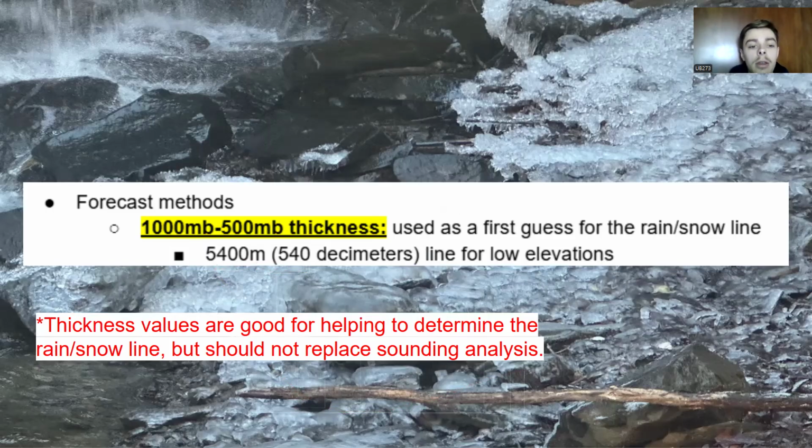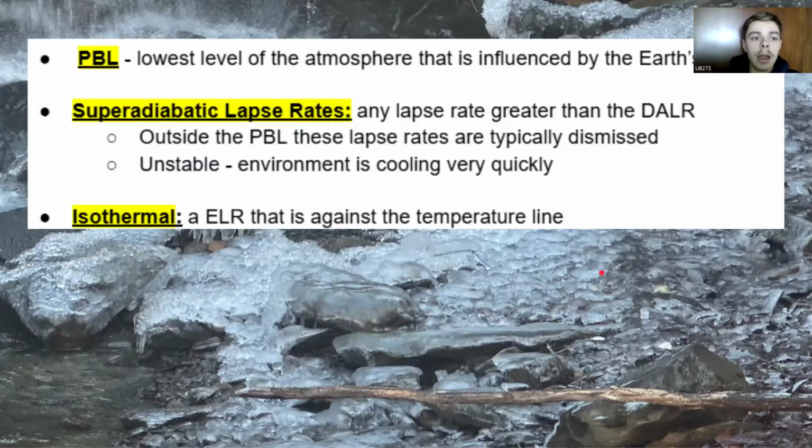So if you see that level of 540 on a map, that might tell you where the rain-snow line is. But as we see here, we can use these thickness values to help determine the rain-snow line, but we should also look at the soundings. That's very important.